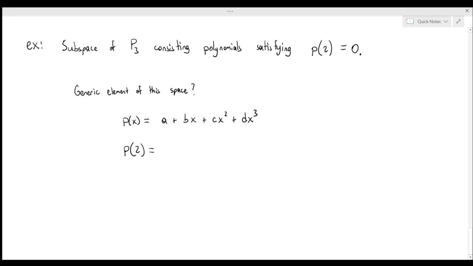If I plug in 2 for x, I'm going to get a plus 2b plus 4c plus 8d, and we're saying that this has to equal 0, right? So this tells me that the variables that I used here have to satisfy this equation.